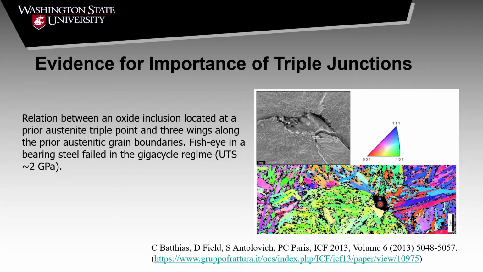So this is a triple junction of a prior austenite boundary, right? You can kind of see that just in the color scheme. But everywhere we saw these type of fisheye structures, they all occurred at triple junctions, where all these failures occurred in fatigue. And fatigue was something I didn't mention on the previous slide, but that's something that these researchers noticed with that.